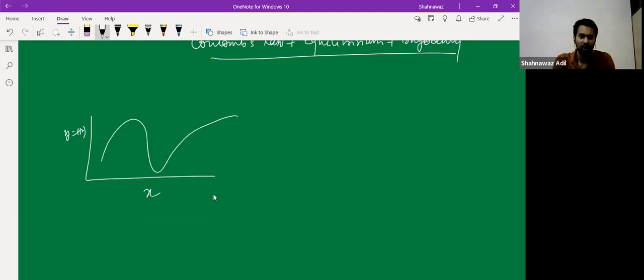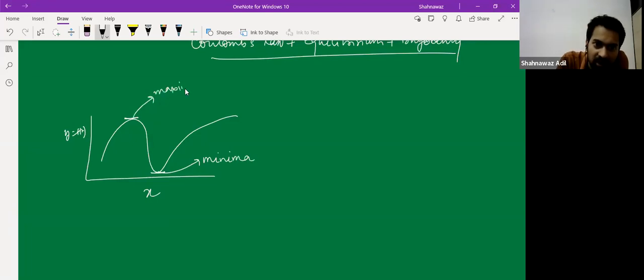This graph has 2 points which are extreme. This point is the minima, and this point is called the maximum. This has the maximum value and this has the minimum value. So this is about the maxima and minima.